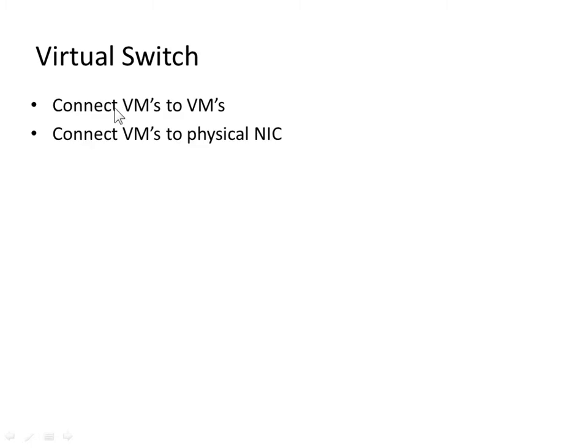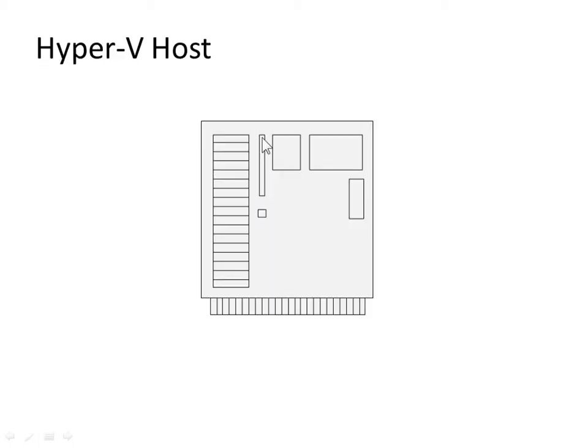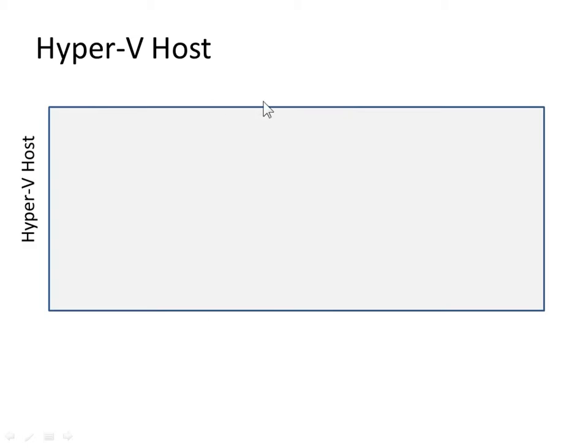A virtual switch is used to connect virtual machines to virtual machines, and it's used to connect virtual machines to the physical network interface card, which is located in the Hyper-V host computer. A Hyper-V host is a big computer, and this box right here is supposed to be a diagram of a Hyper-V host.